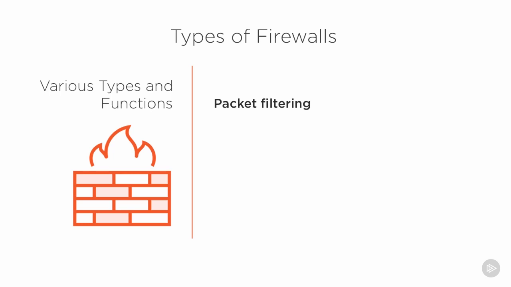Now, obviously, packet filtering is a very basic level of control because it has not really looked inside to see what's inside the packet. And for that, we'll need a more advanced firewall, for example, an application firewall or a stateful inspection firewall.